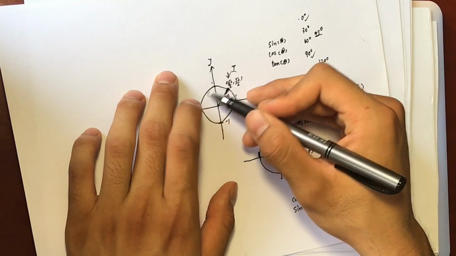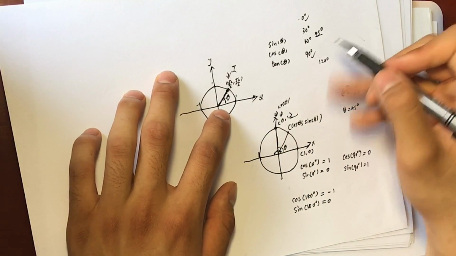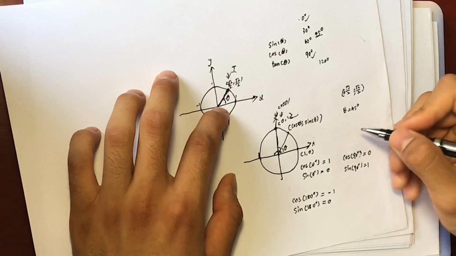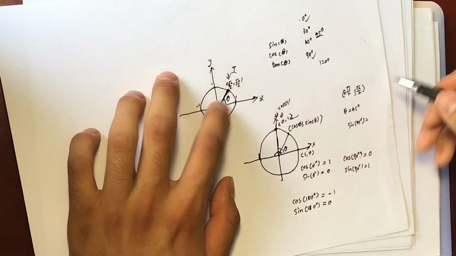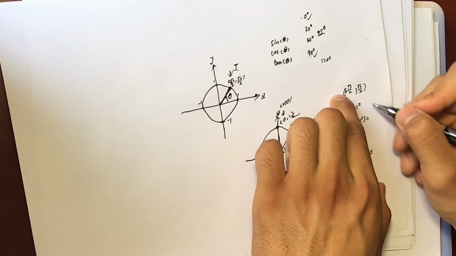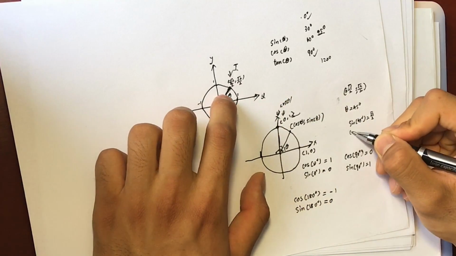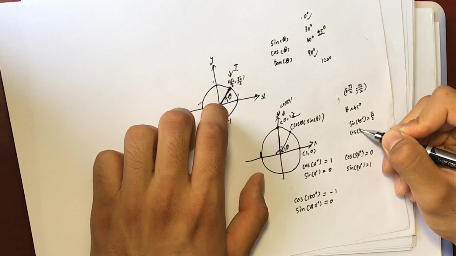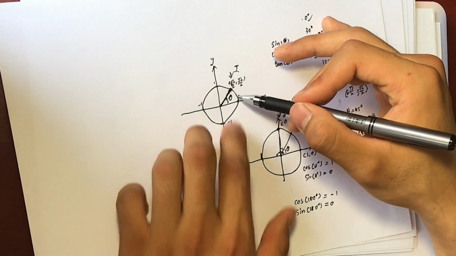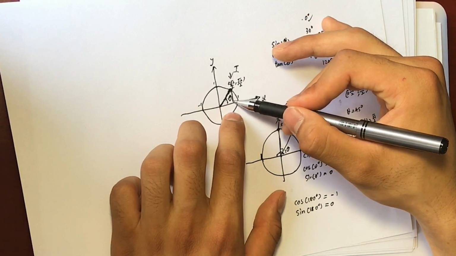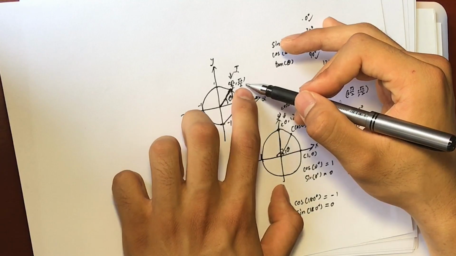This point is always on the unit circle when you find the special angles. So sine 45 will be what? √2/2, right? Because it's always √2/2. And cosine 45 is your horizontal, or rather your vertical distance right here, which is your second value, √2/2.